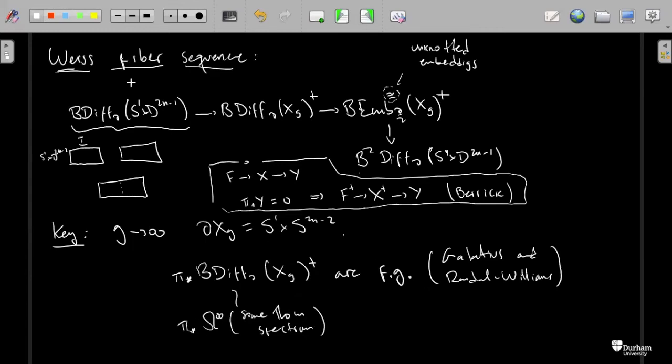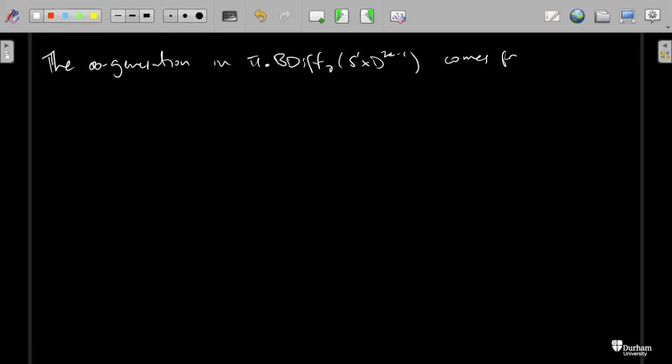And that's good, because then the conclusion of this discussion here is that now we know the infinite generation in the homotopy of the diffeomorphisms of the solid torus has to come from the space of embeddings with this funny boundary condition.